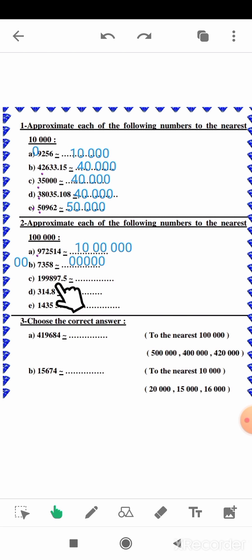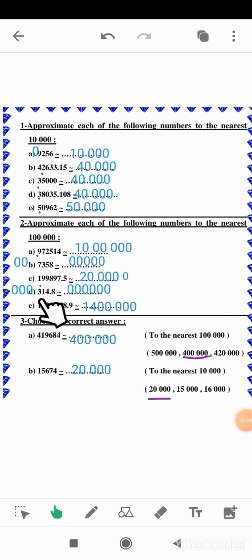Here, the 100,000 digit is 1, and I will look at the 10,000 digit, 9. 9 is a rich number. A rich number gives 1 one more, so it will be 2, and 200,000. Look at this number we have here.